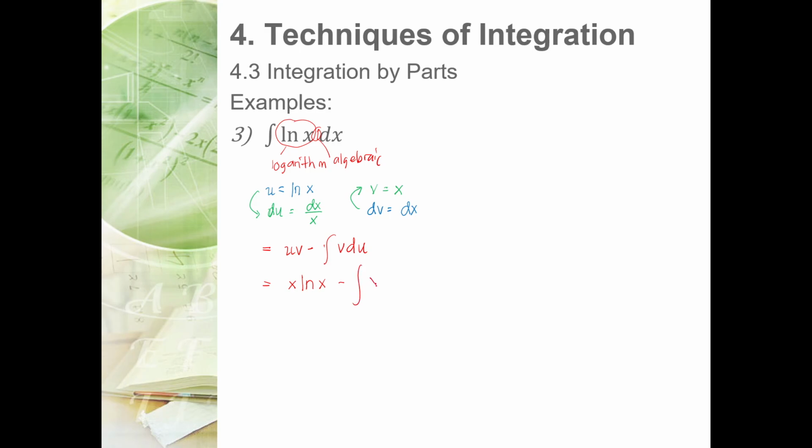So that would be x times dx over x. Since the x can be cancelled, we can rewrite this as x ln x minus the integral of dx. So the final answer would be x ln of x minus x plus c.